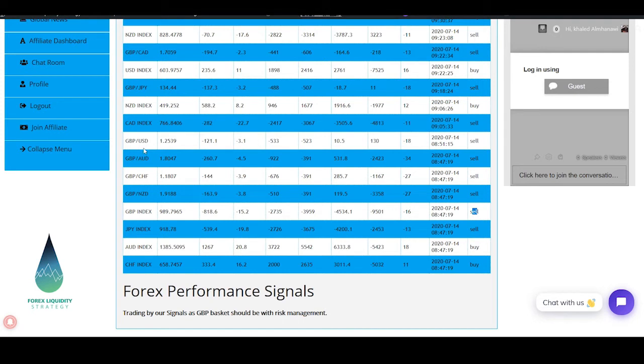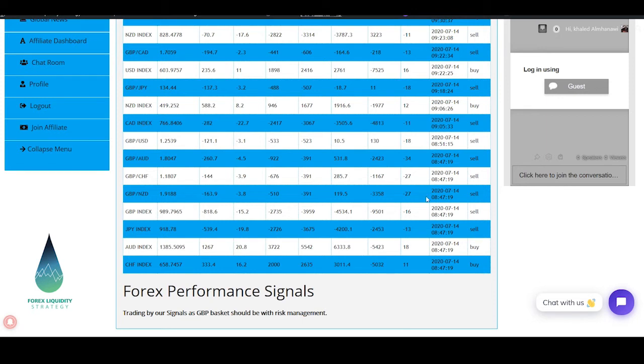Here, as I say, we either trade a single trade, being selective, or trade as a basket. If you trade it as a basket, you would pick pound New Zealand, pound franc, pound Australian, and pound dollar, all of them as a sell, and look at the total number of pips you can make out of all of them.